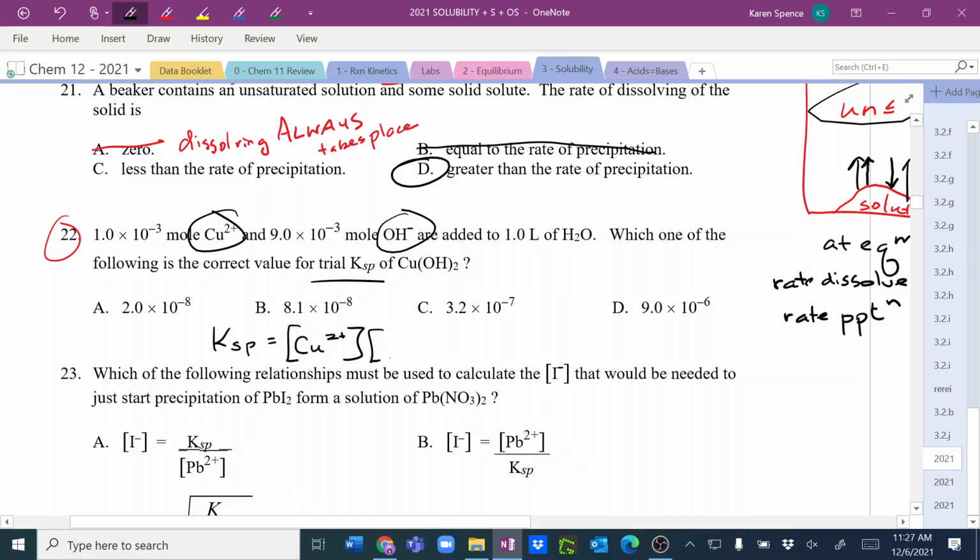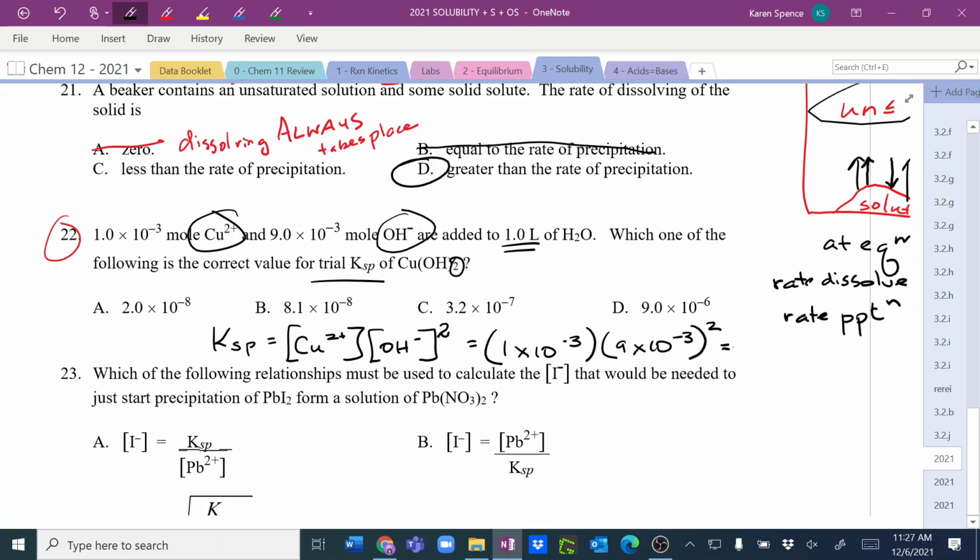And so that's going to be equal, oh, it's a 1 liter solution, so my moles is the same as my molarity. So that's going to be 1 times 10 to the negative 3 molar times 9 times 10 to the negative 3 squared, which is, no? How much OH did I put in the beaker?